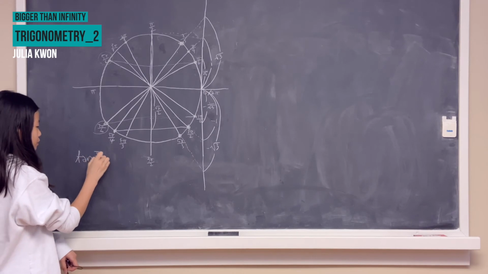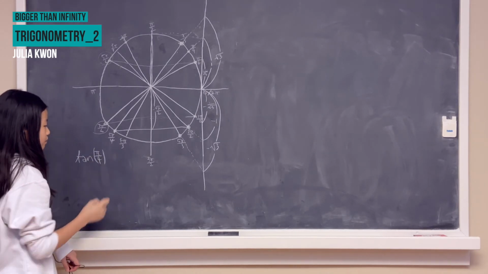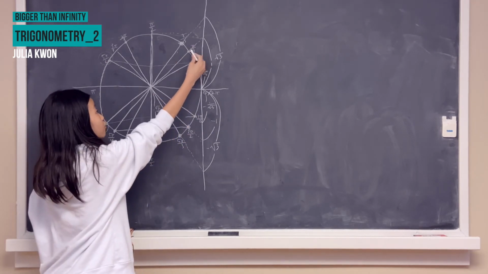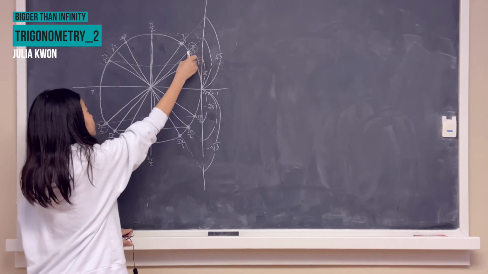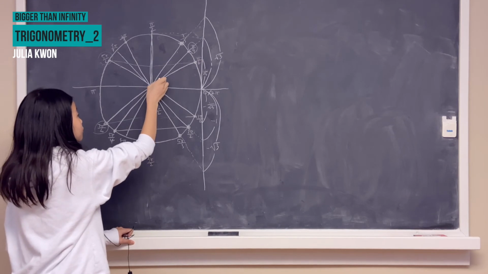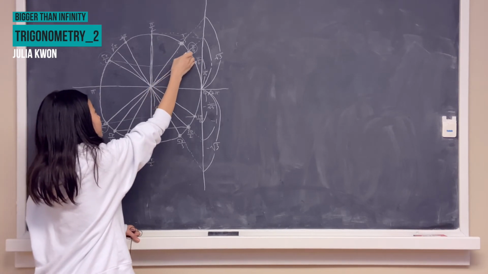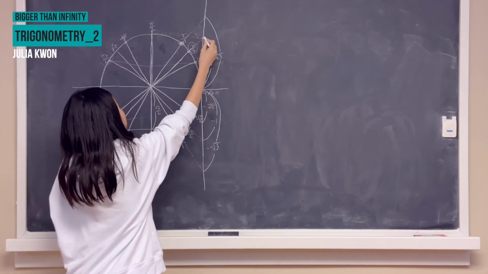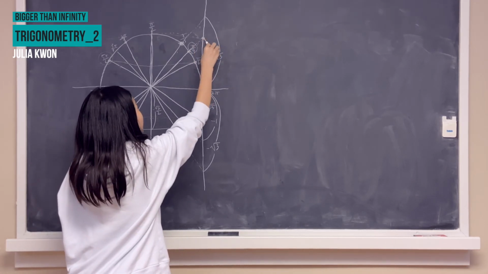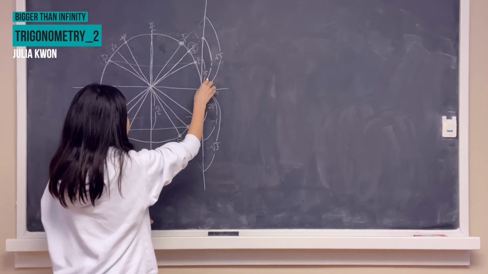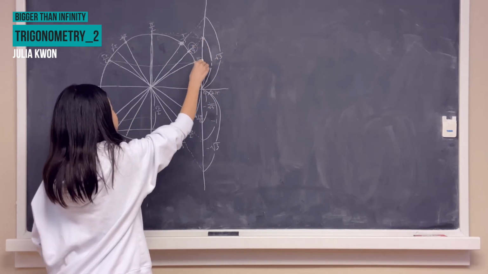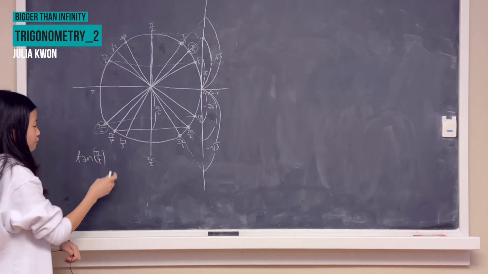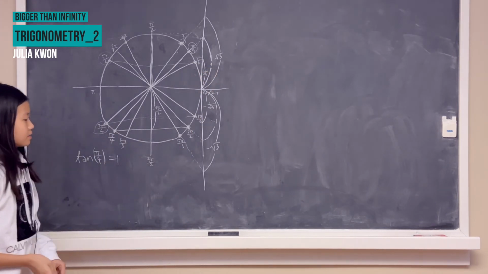Tangent, the way we would find it for the tangent pi over 4 is by, so here's pi over 4, and so if we just follow the line, then it would give us this point, which has a length here of 1. So tangent pi over 4 is 1.